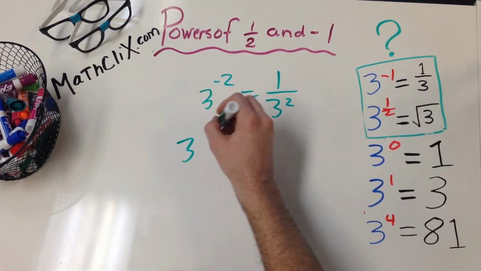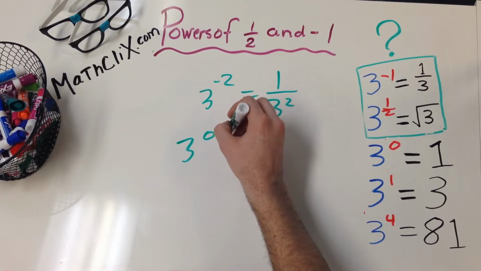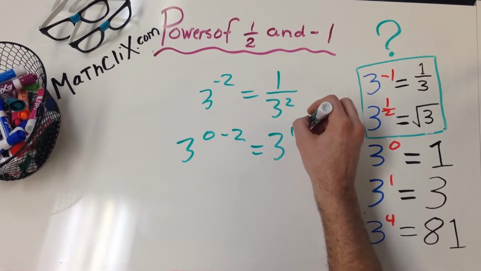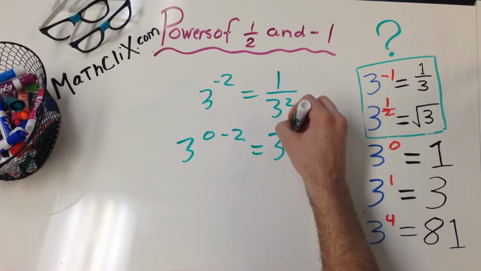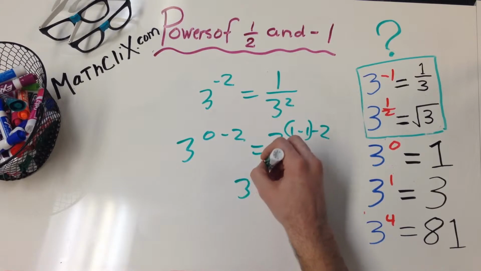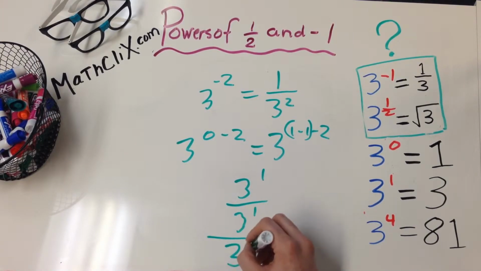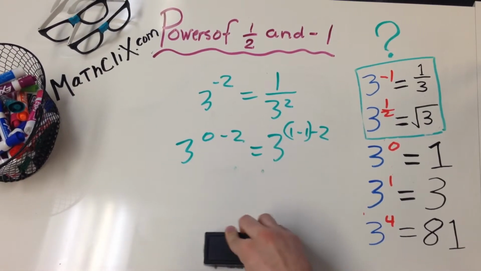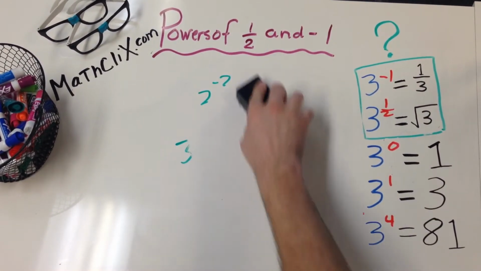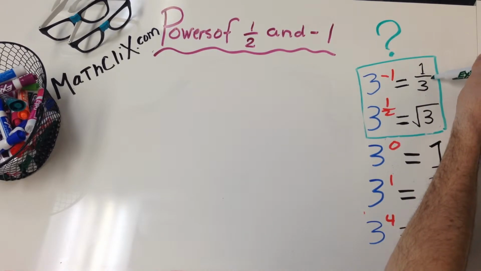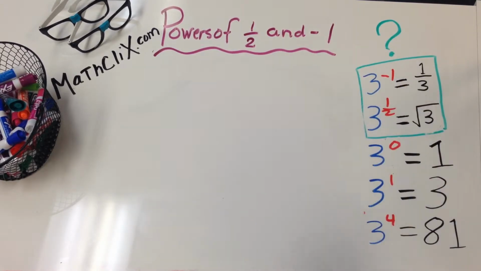Similarly, coming from 3 to the 0 minus 2 equals 3 to the 1 minus 1 minus 2, looking like this: 3 to the 1 over 3 to the 1 over 3 to the 2. So it holds for any magnitude of that exponent, flips it into a fraction with the magnitude as the power on the base, now in the denominator.